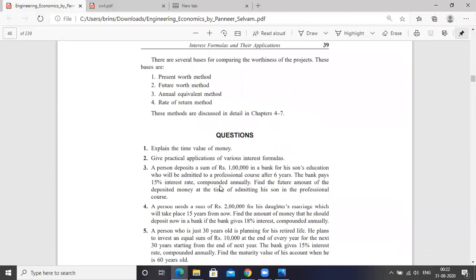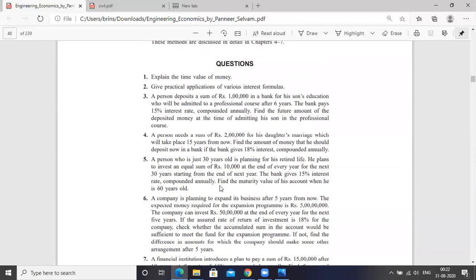Okay. Moving on to the question posted in the question bank. The question here is: a person who is just 30 years old is planning for his retirement life, and he plans to invest an equal sum of 10,000 every year for the next 30 years, starting from the end of next year.